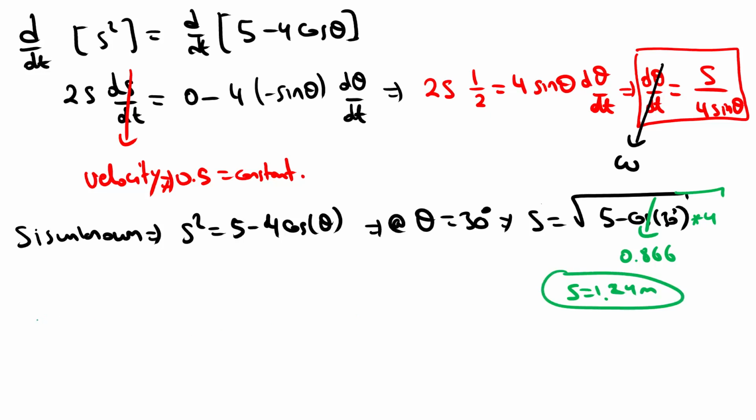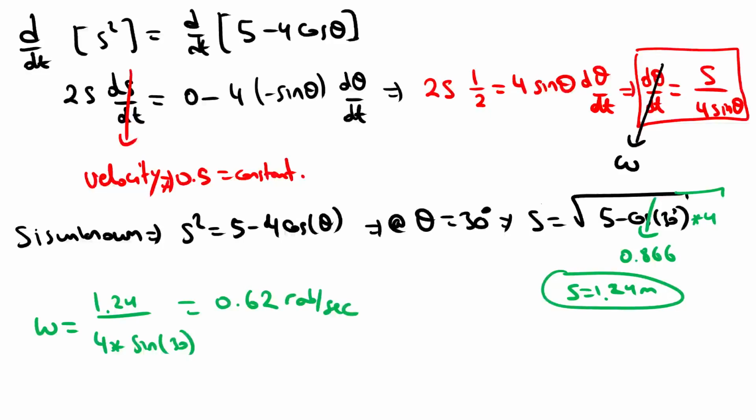Then from here it follows that omega is 1.24 divided by 4 times sine 30. That is half, 2, and then 0.62 radians per second. That is the first part of the question.